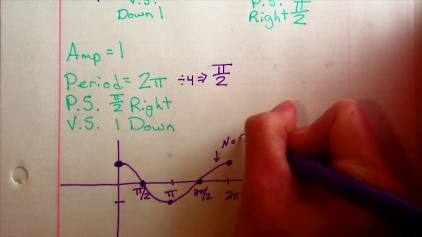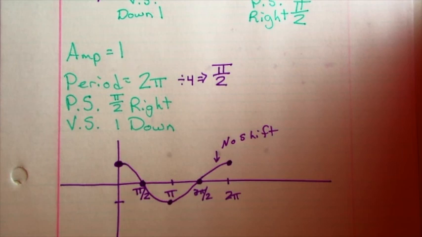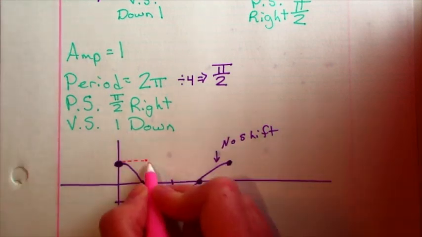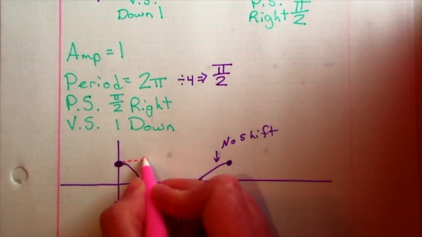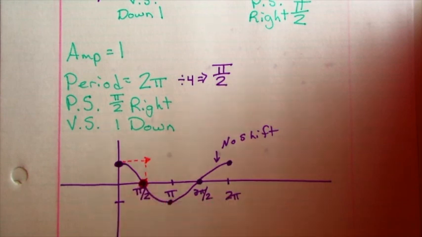No shift. That would be that parent function that we talked about. It's not shifted. But we're supposed to move each of these points pi over 2 to the right. So this point's going to move pi over 2 to the right and then also down 1. So this point has moved right and down, and it's going to end up on top of that point. If we move this one right and down, it'll be here.